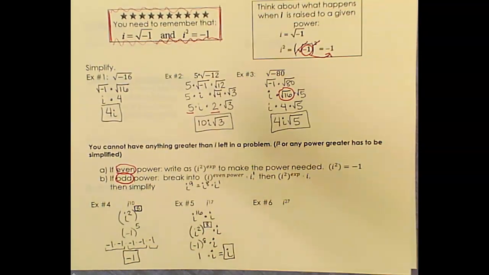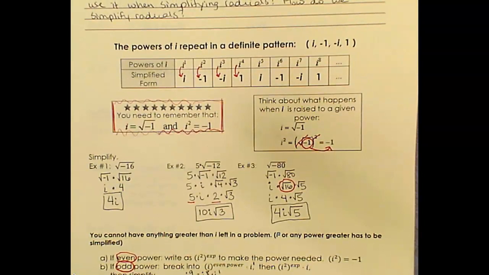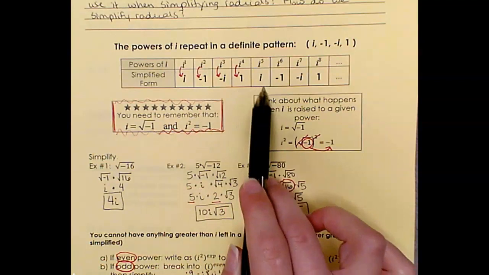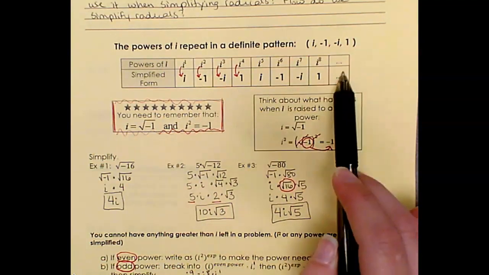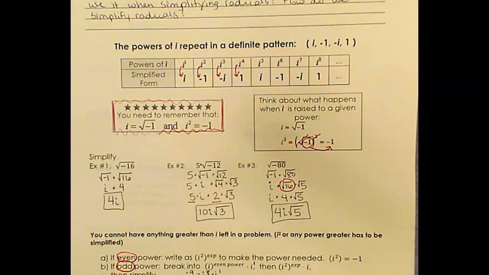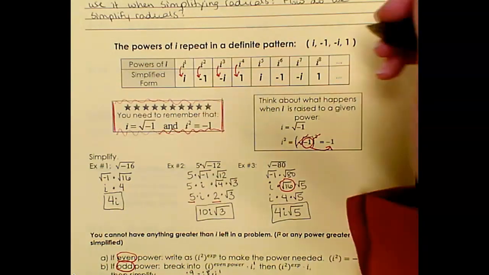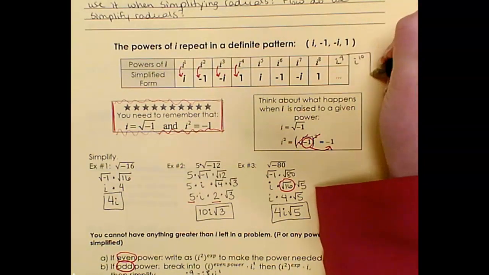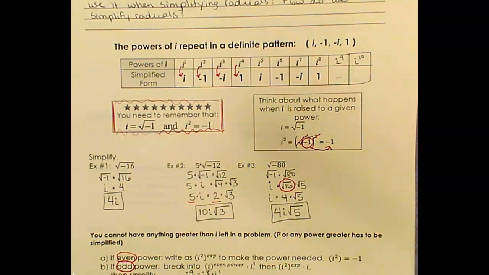So we've simplified this as much as we can. It's kind of like trying to figure out what you would get if you used this in your table. You know how it says the powers of i repeat in a definite pattern? We're trying to figure out if you had i to the power of 17, what would it be down here? So think about if you had i to the power of 9 and i to the power of 10. i to the power of 10 was what we found in our example 4.